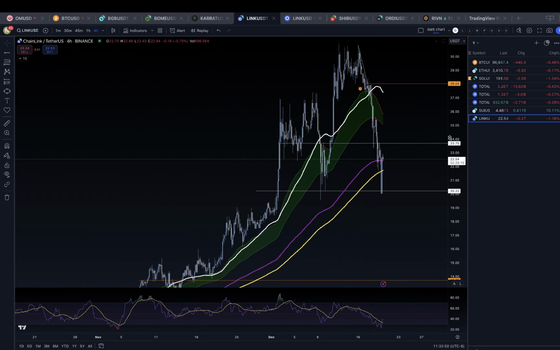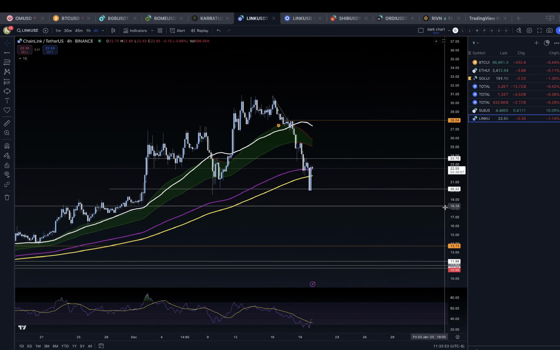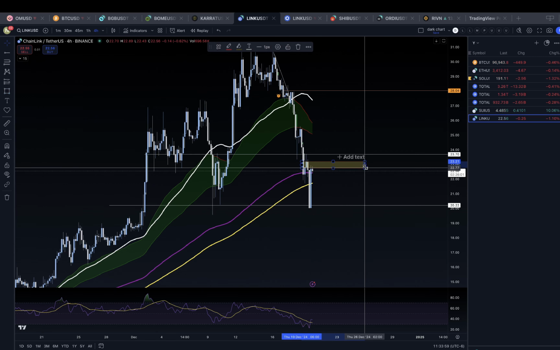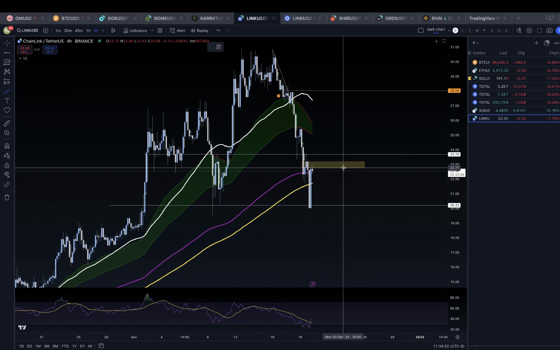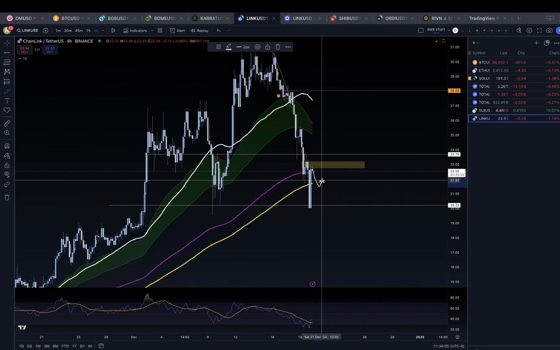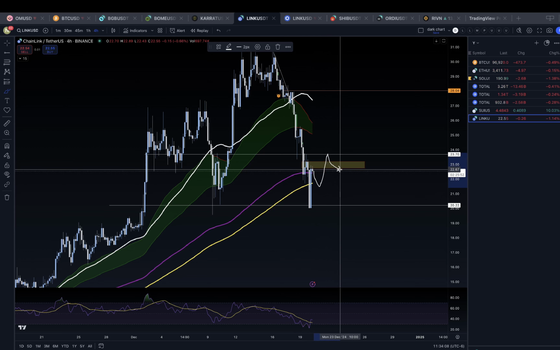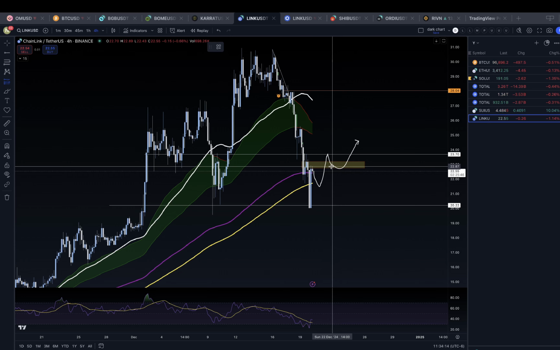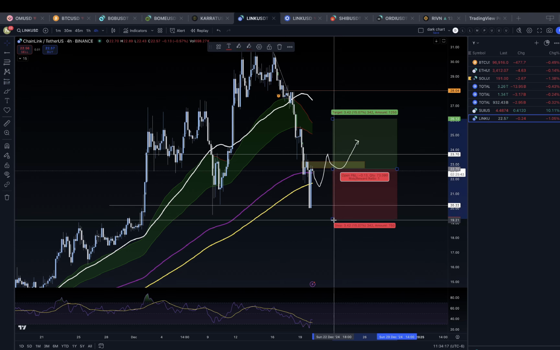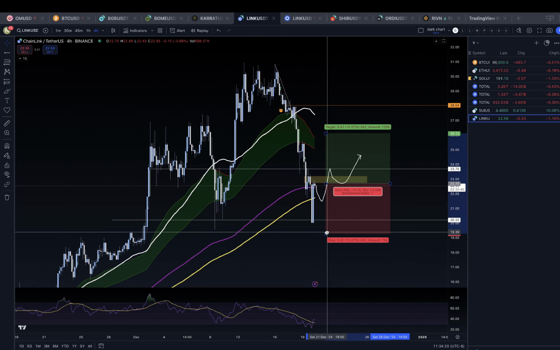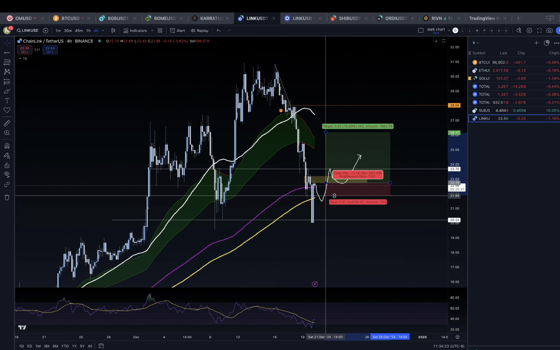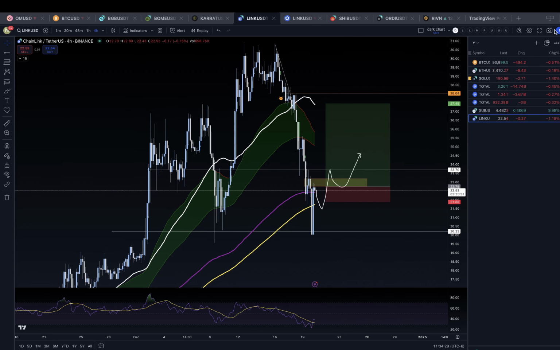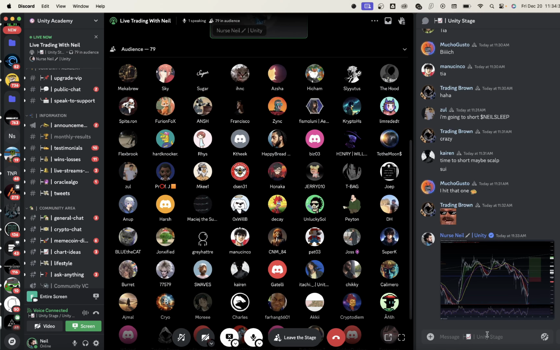I think best case scenario here on Link is that this thing reclaims your last lower high there, and you see something like this. So I don't want to see a change in market structure first.